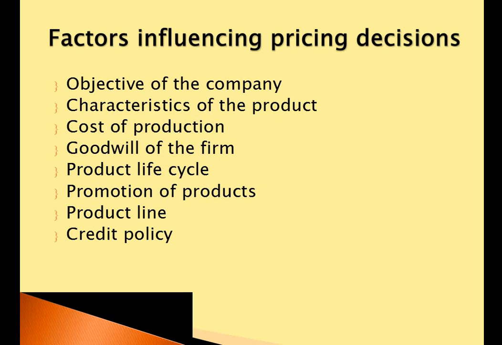There are certain other factors which always influence pricing decisions, the first being the objective of the company. The objectives can be anything, so that the pricing can be kept in a very competitive manner.